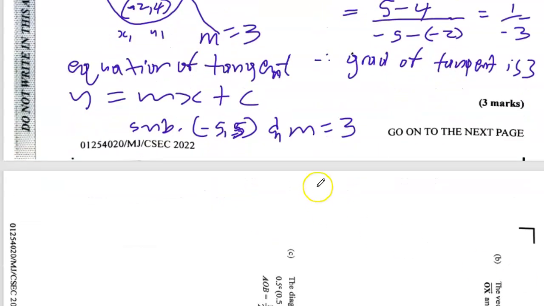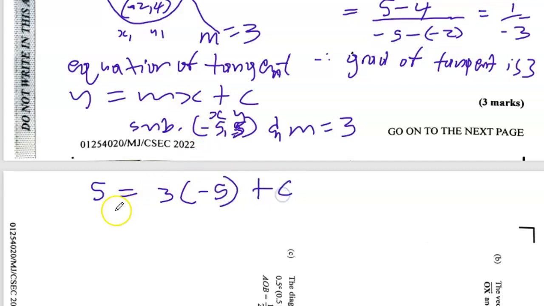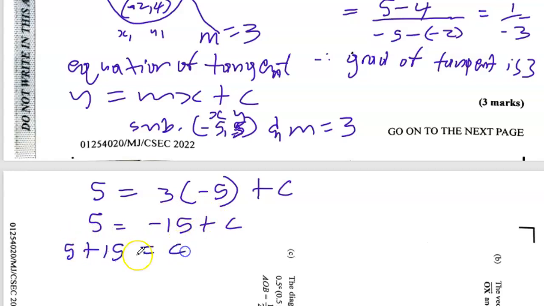So replace y with 5, m is positive 3, x is negative 5, plus c. So 5 is equal to minus 15 plus c. If we add 15 to both sides, c is 5 plus 15. So c is 20.